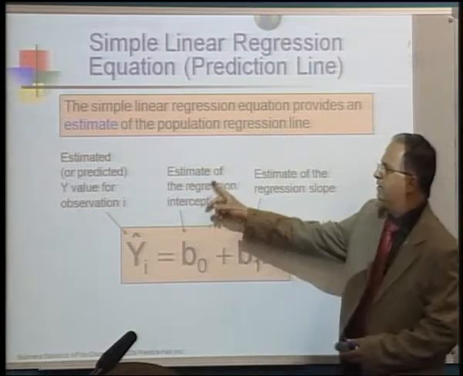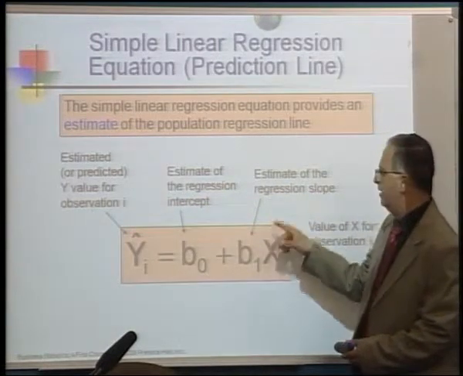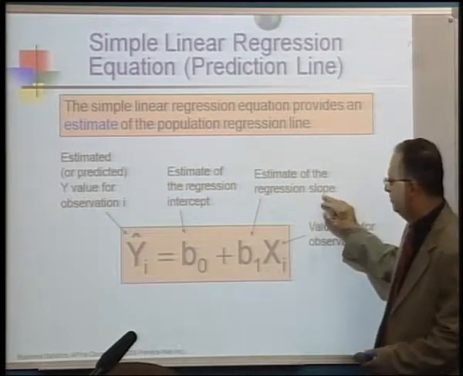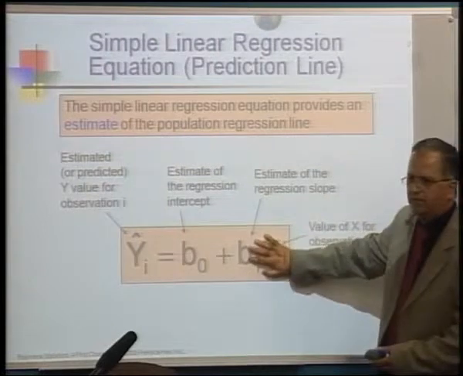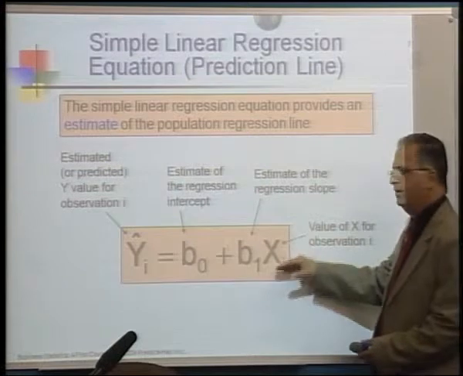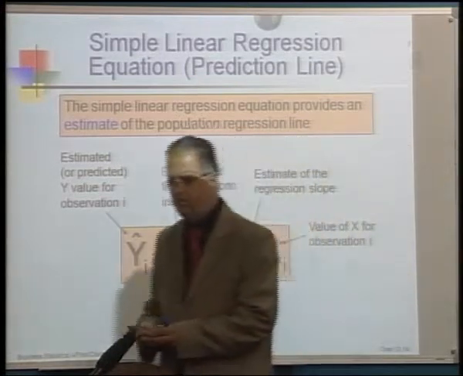B0 is the estimate of the regression intercept, or the y-intercept. B1 is the estimate of the regression slope. So this is the estimated slope b1. Xi, again, is the independent variable. So x1 means the value of the independent variable for observation number 1.